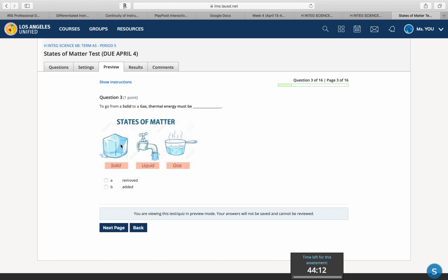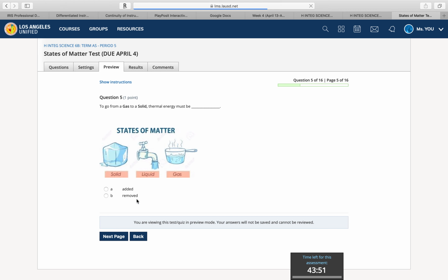Well, if you want something to go from a solid all the way to a gas, these particles have to move so much faster. So that means you have to add thermal energy. All right, and then to go from liquid to solid, well, you want the particles to move slower, so you must remove thermal energy.